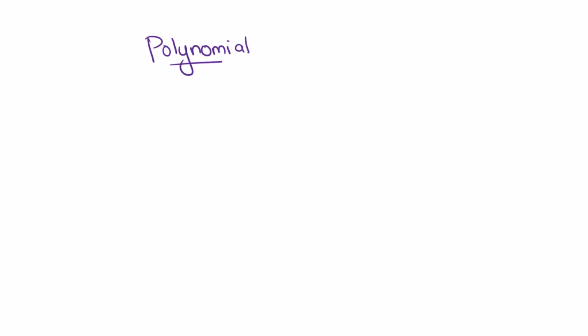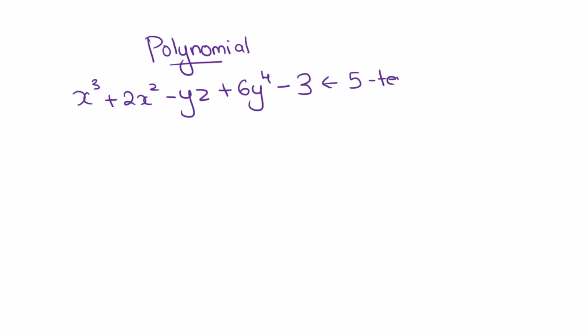Let's do one more example of a polynomial. x cube plus 2x squared minus yz plus 6y to the power 4 minus 3. This is a 5-term polynomial.